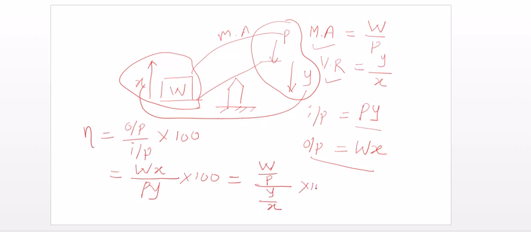Here the X goes to the denominator, so W by P is the mechanical advantage, divided by the velocity ratio, into 100. It is another formula of the efficiency. These are the formulae we have seen in the last lecture itself.